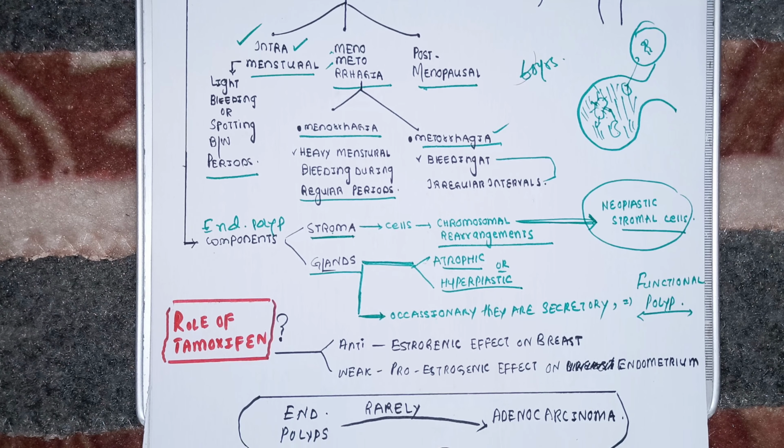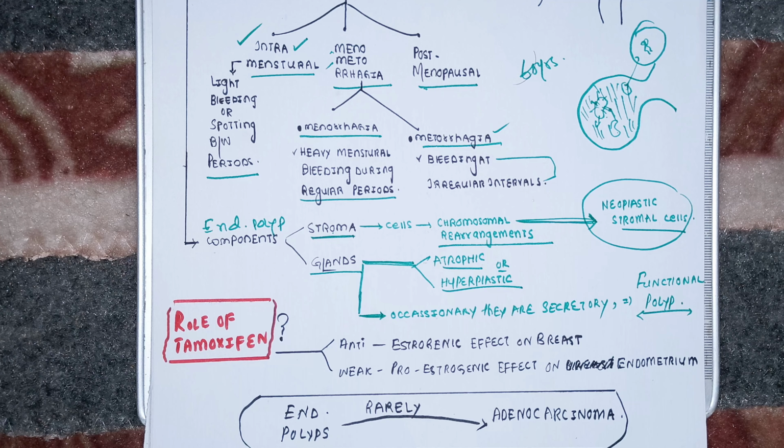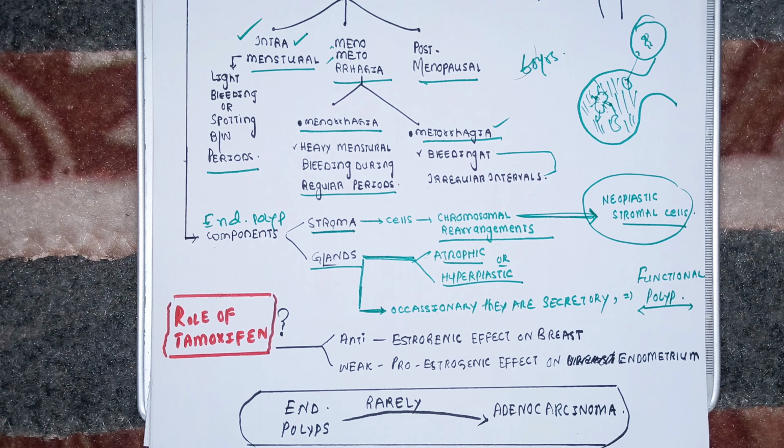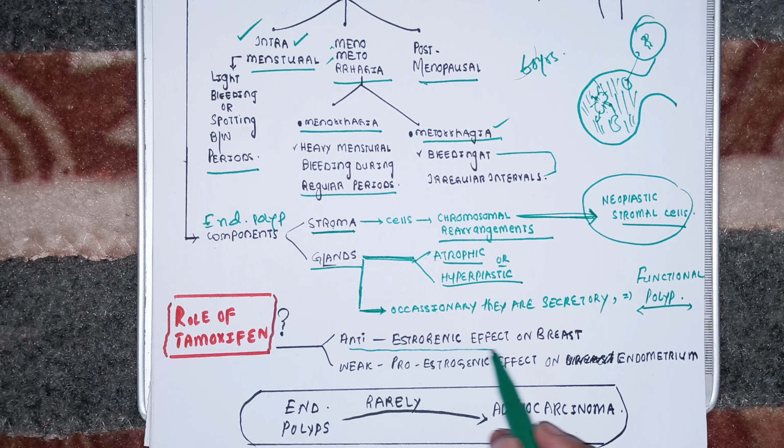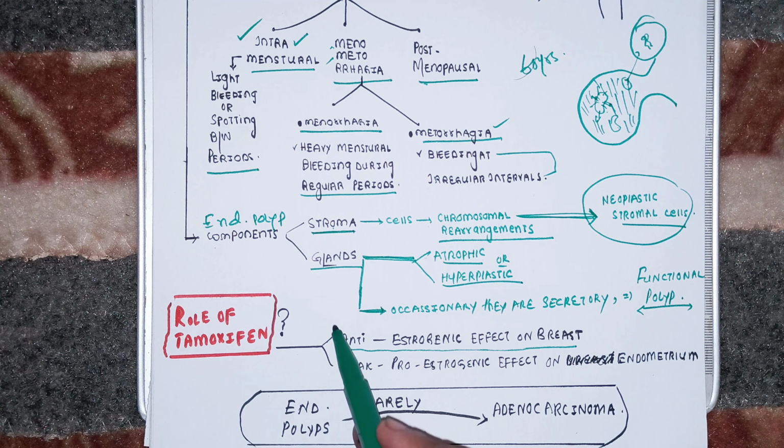Now I will tell you the role of the tamoxifen drug. Tamoxifen is mostly used in the treatment of breast cancer, because tamoxifen has a better anti-estrogenic effect on the breast. Because of this it is a very effective drug for the treatment of breast cancer. But you should keep in mind that tamoxifen also has a weak pro-estrogenic effect on the endometrium.